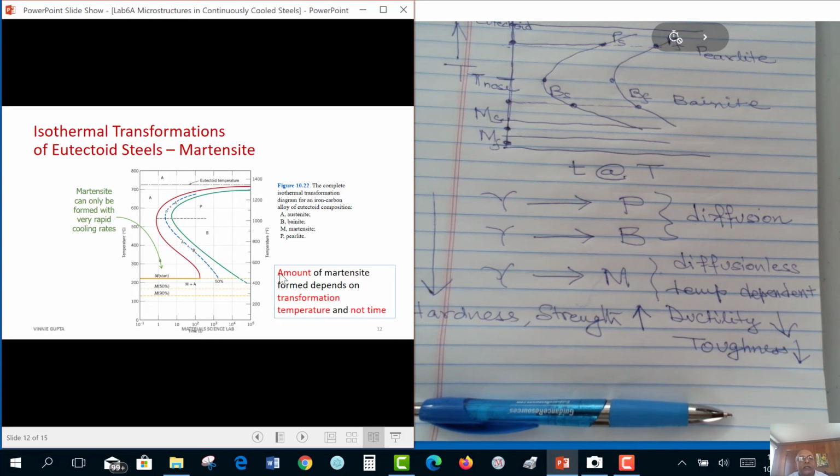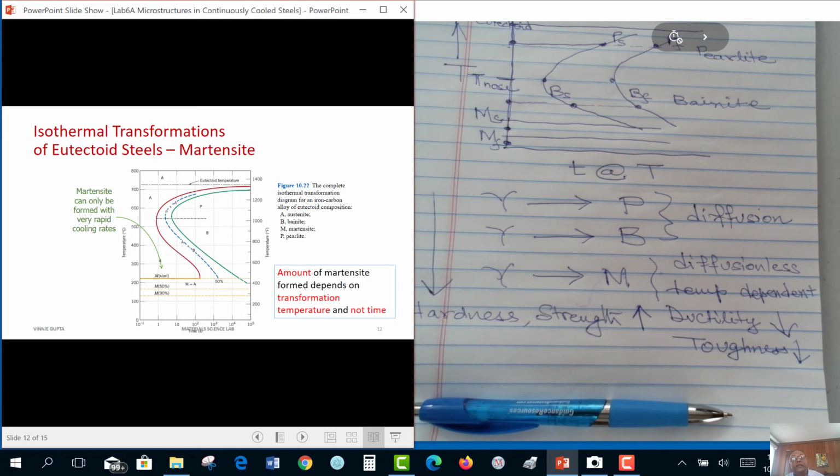Remember, the amount of martensite depends on the temperature to which we quench. If we quench to somewhere here, we get only 50% martensite and the other 50% austenite remains untransformed. That is called retained austenite, and that really ruins the properties of steels.